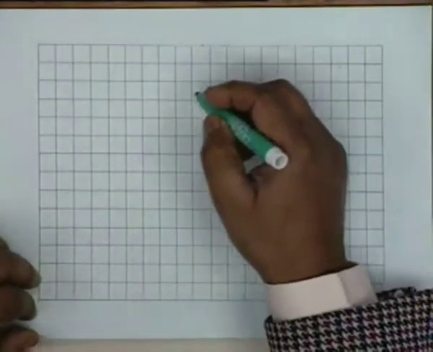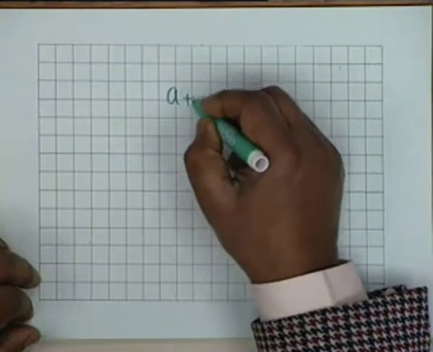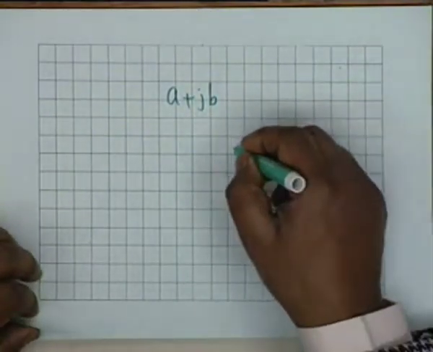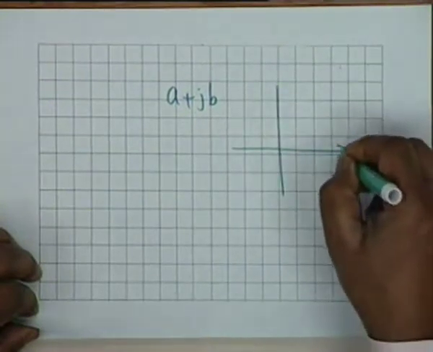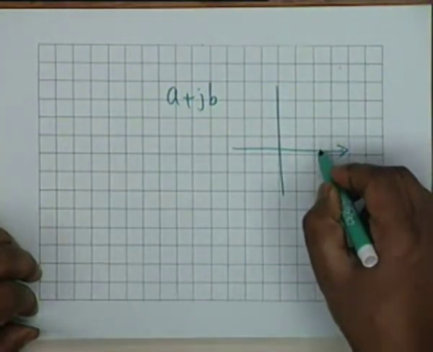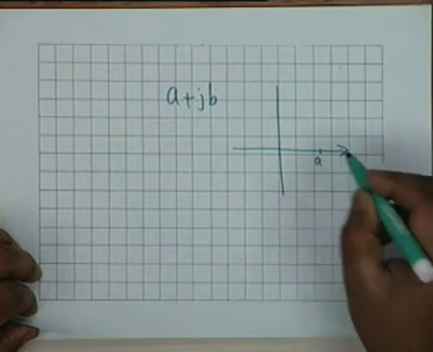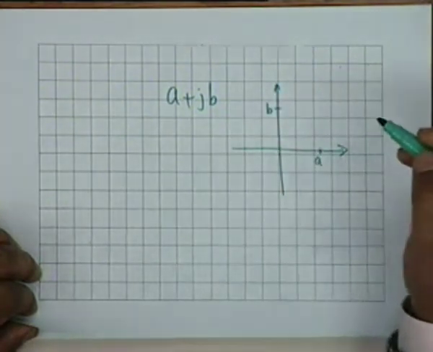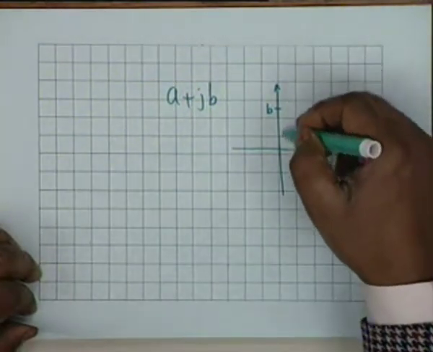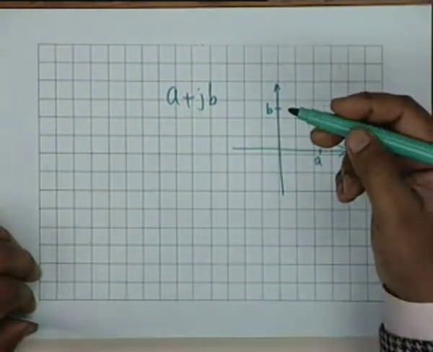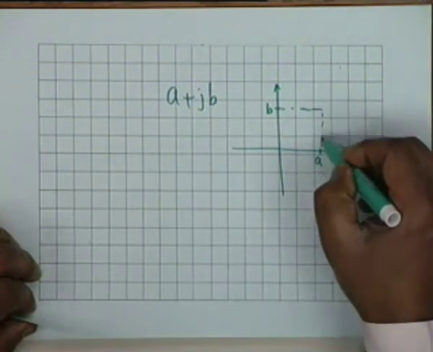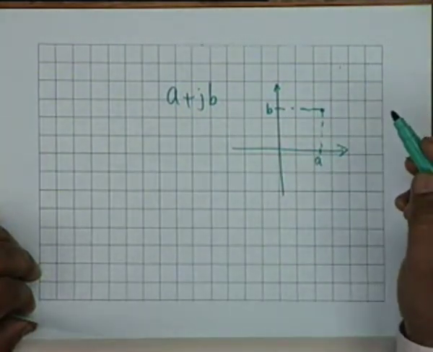If you have a complex quantity, let's say a plus jb, then one of the ways that you can represent this complex quantity is to mark a distance of a on the real axis, the x-axis, and a distance of b on the imaginary axis, the orthogonal axis or the y-axis, and then get this point whose coordinates are a, b.